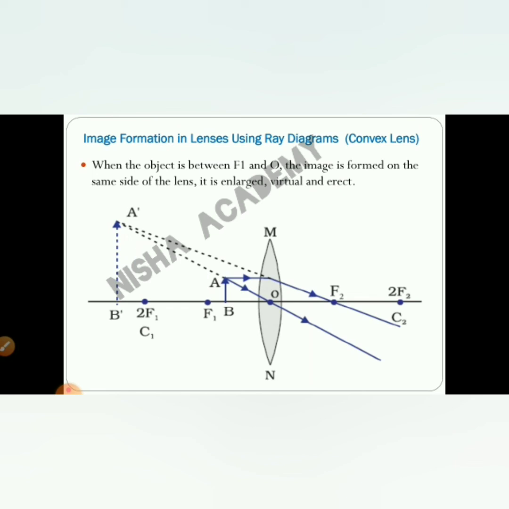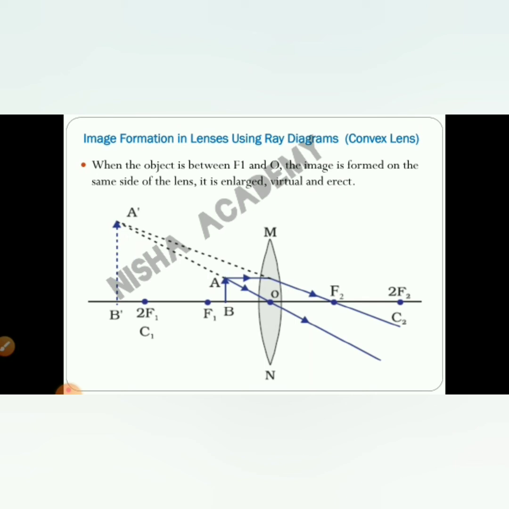So the image of the object is enlarged. Now the image is not real but virtual, and you can see that the image is produced above the principal axis. So we cannot say that the image is inverted, but we can say that the image is erect.